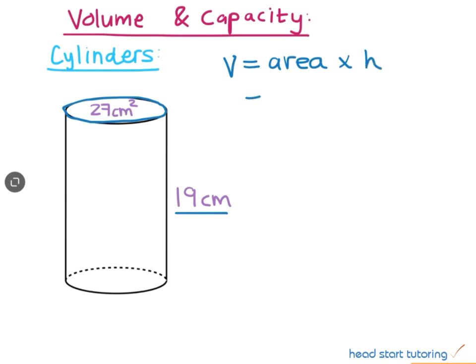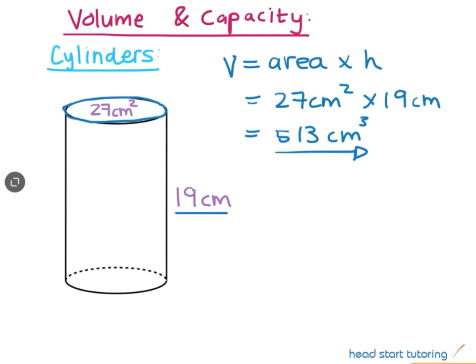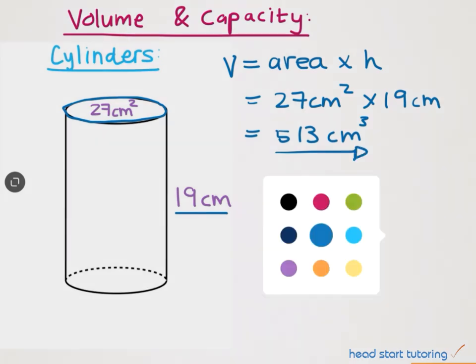So the area is 27 centimeters squared. We multiply that by 19 centimeters, which is our height, and we end up with an answer of 513 centimeters cubed. So the volume of this cylinder is equal to 513 centimeters cubed.